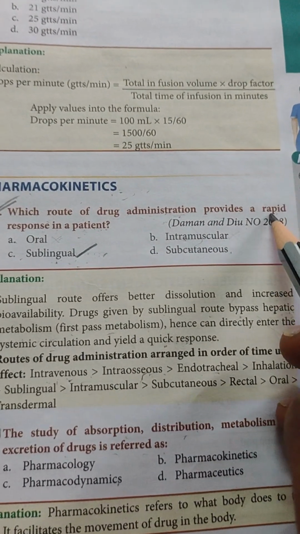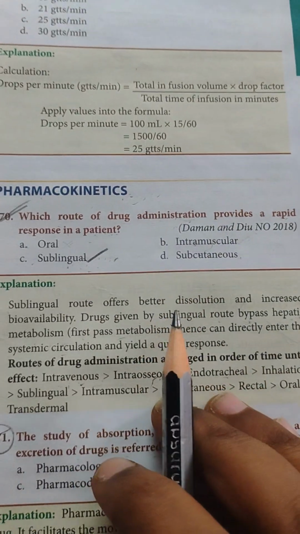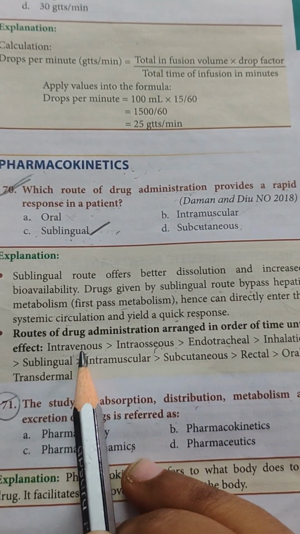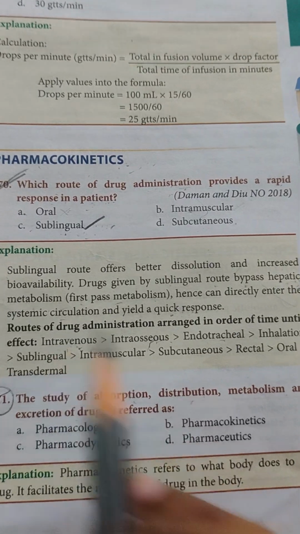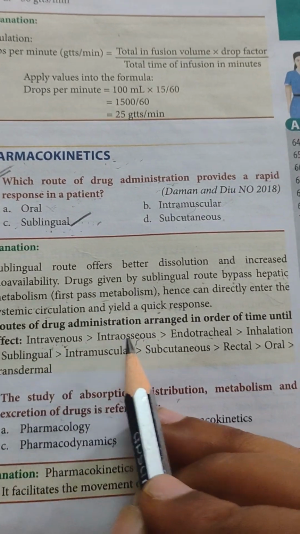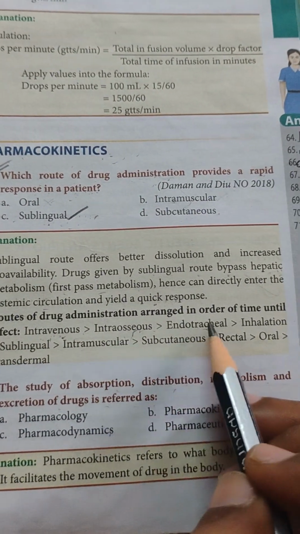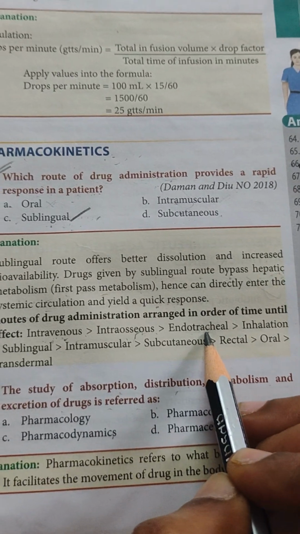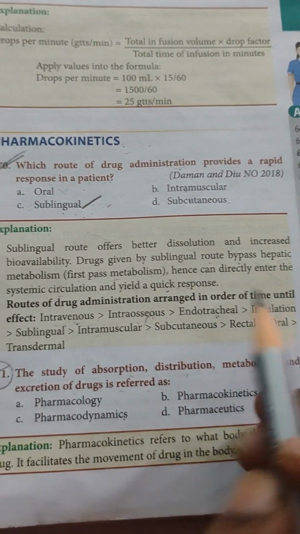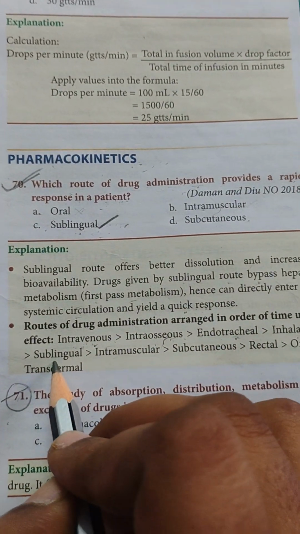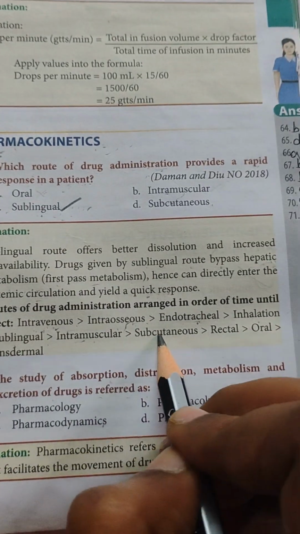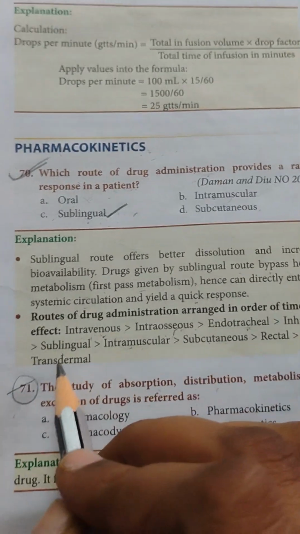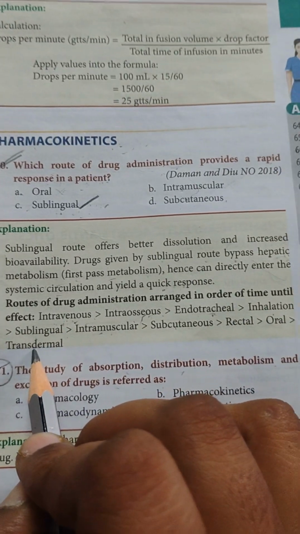The first place is IV, then intraosseous, then in third place endotracheal, next inhalation, then in fifth place sublingual, then after sublingual IM, subcutaneous, rectal, oral, and last dermal.